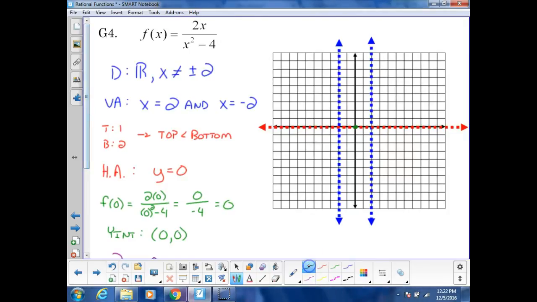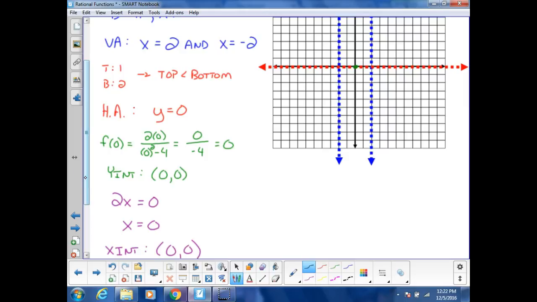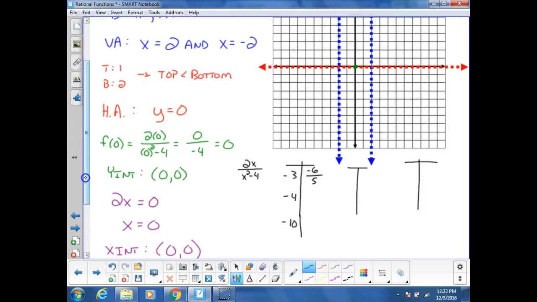So, let me rewrite this in here. So, 2x over x squared minus 4. So, now I've got to come up with other points to go along with it. So let's go negative 3, negative 4, and negative 10. Negative 3, if I put that into my function, I get negative 6 over positive 5, which is negative 1.2.